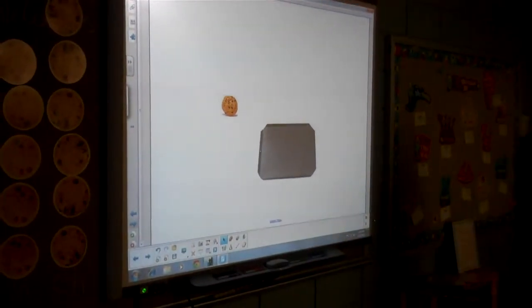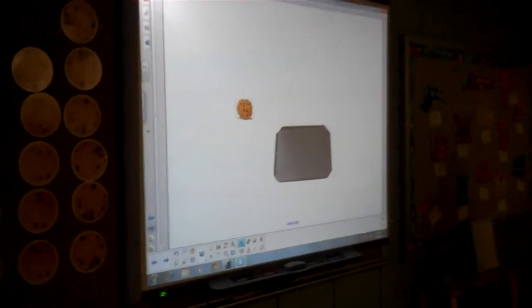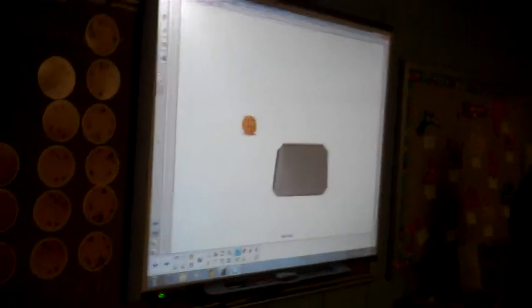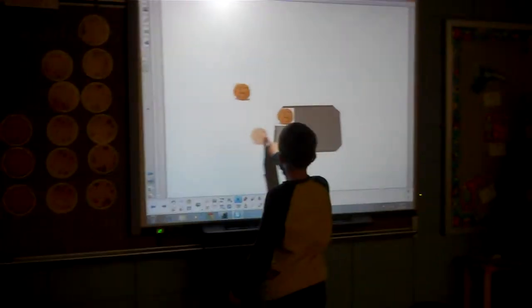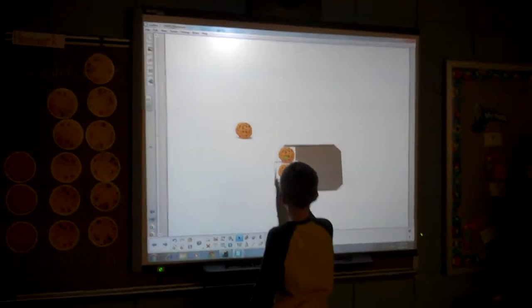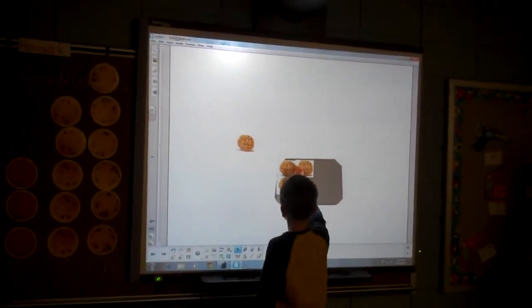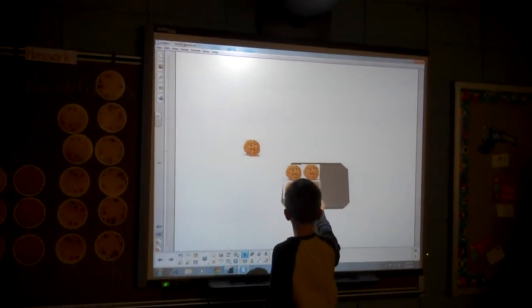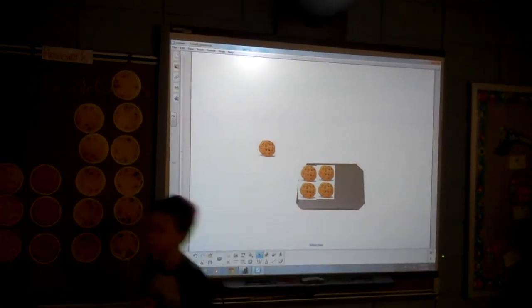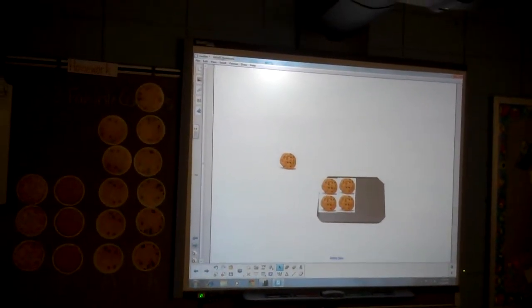All right, 1 more, and then you're going to get some cookies of your own. This one, let's do 2 groups of 2. Ivan? 2 rows of 2 cookies. And we need Charlize to come write the multiplication sentence. Okay, 2 rows of 2 cookies.